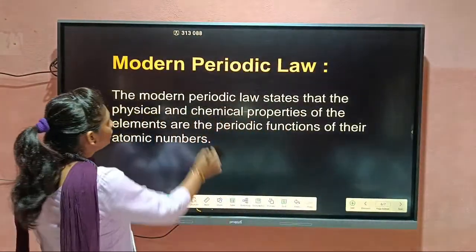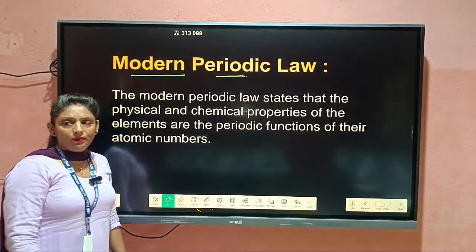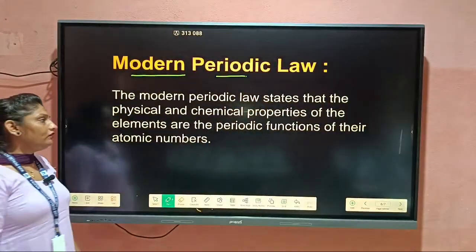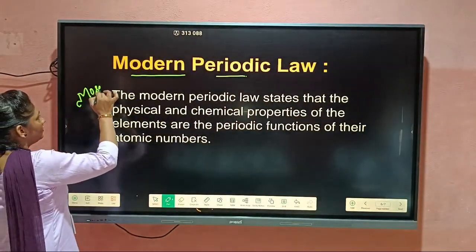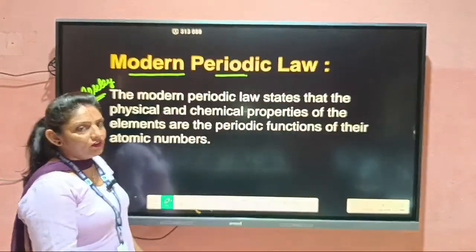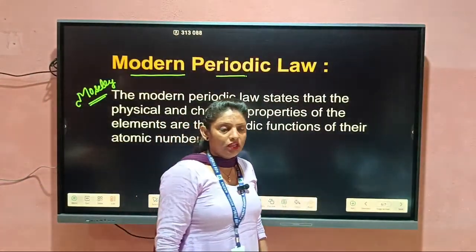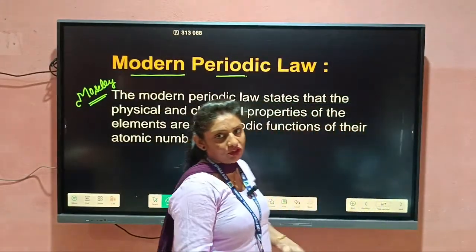Now, the modern periodic law. What do we mean by the modern periodic law? It was given by Moseley. Mendeleev gave us the periodic law, meaning he told us that properties are a periodic function of their atomic weight.